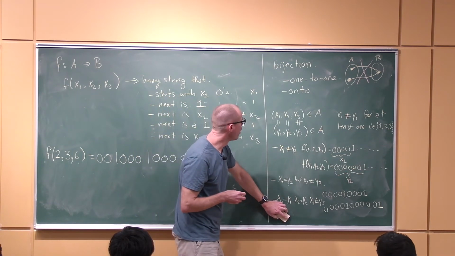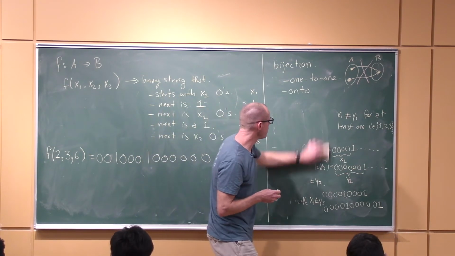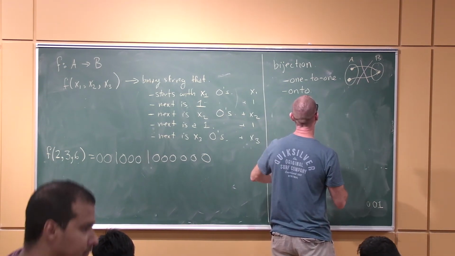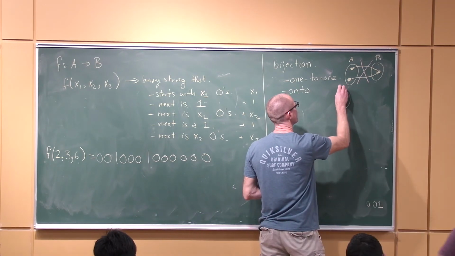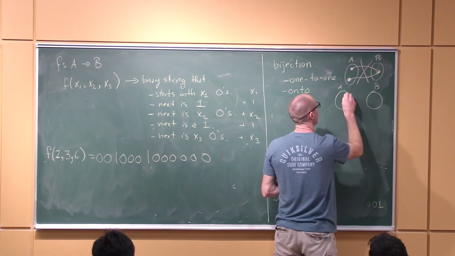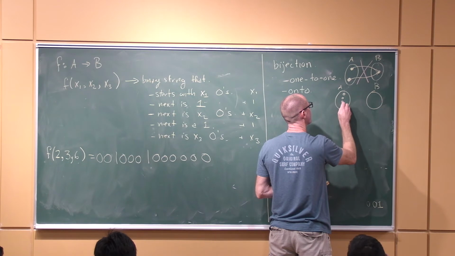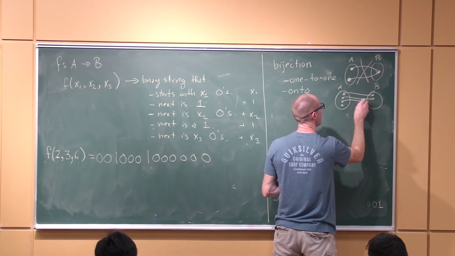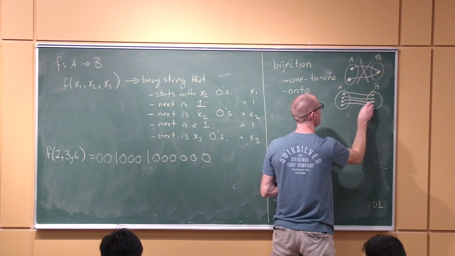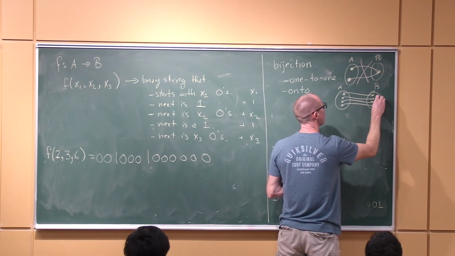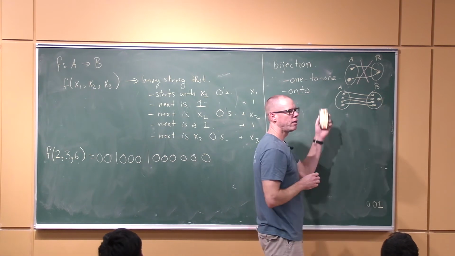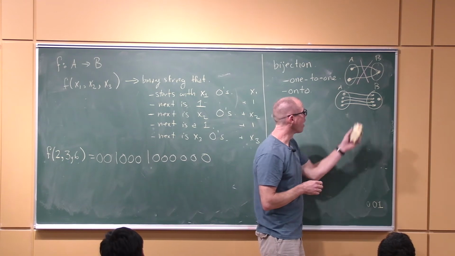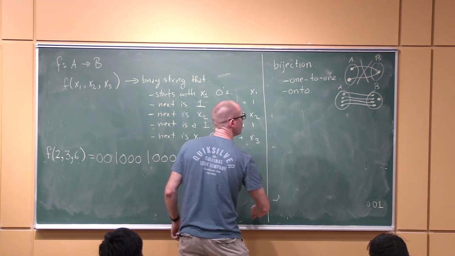To establish that it's onto, let's remember what that means. The onto picture was I look at A and I look at B, and I see all the elements of A, they go to something in B, but then you're left with a lonely element in B here that nobody in A wants to go to. So that's not allowed if this thing is onto.